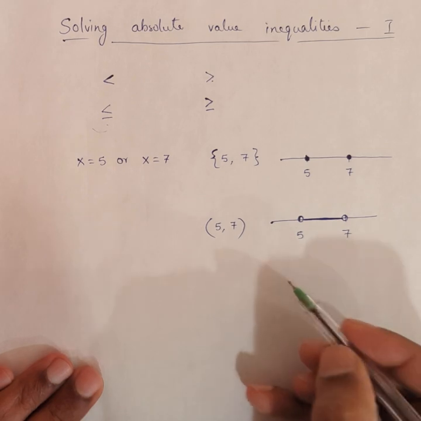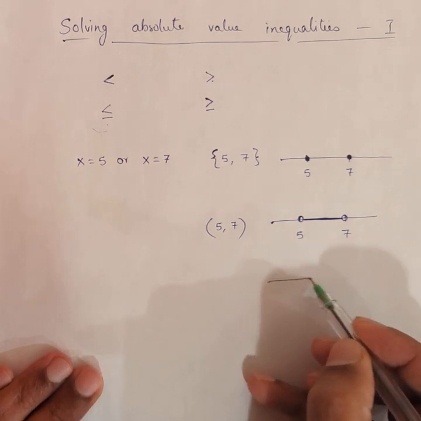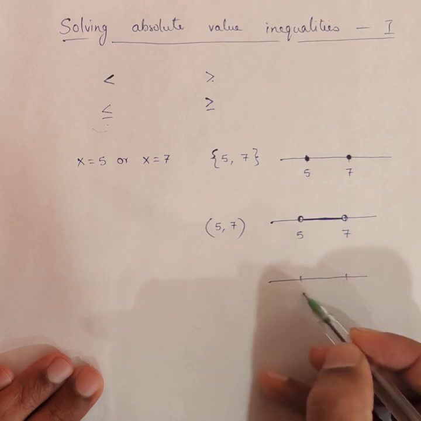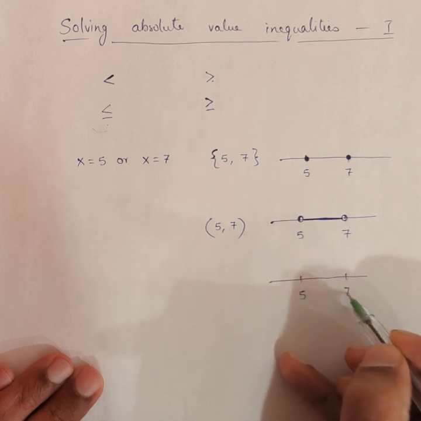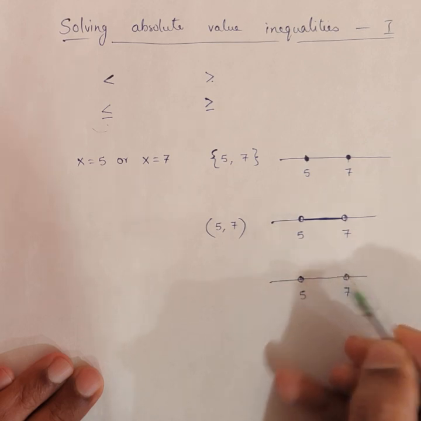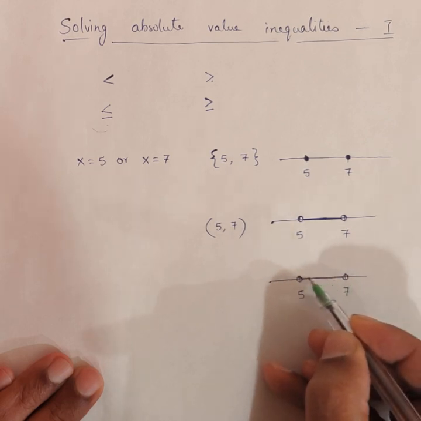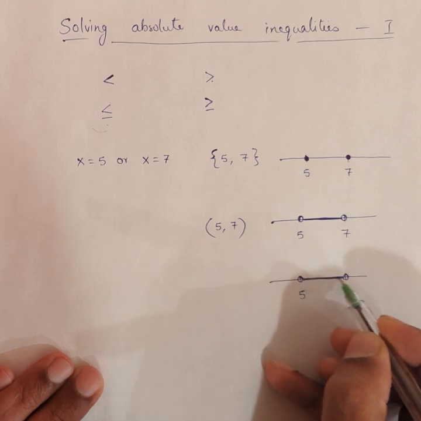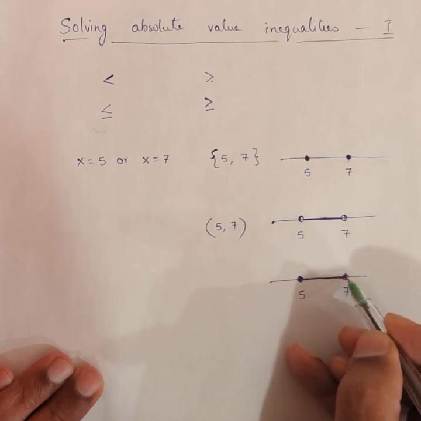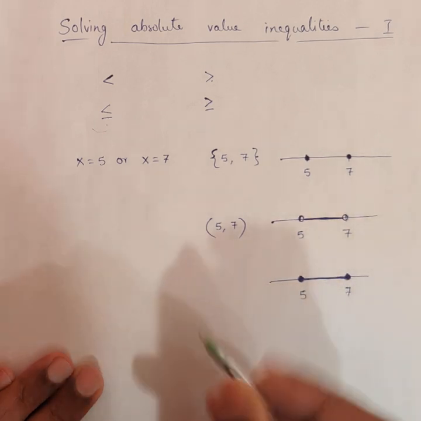Now, sometimes you want to specify everything between 5 and 7, including the boundaries. So in that case, your boundary is also filled. This is how you would graph it, and your boundaries are included.